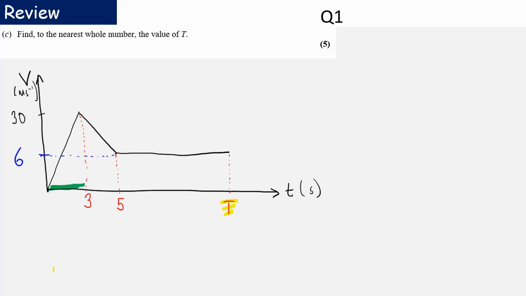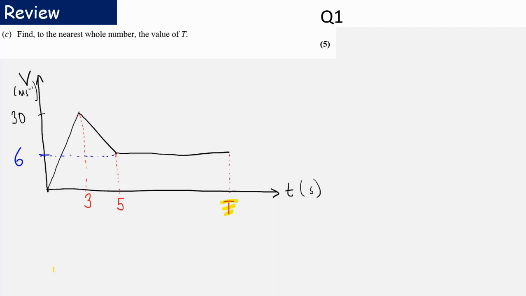You would then have to do SUVAT on this bit afterwards, where your acceleration was going down at 12 meters per second squared. And then finally, you'd have to do SUVAT on this section of the graph, where your acceleration was constant. So every time you use SUVAT, you'd have to make sure that your value of acceleration remained the same for the section you used it on.